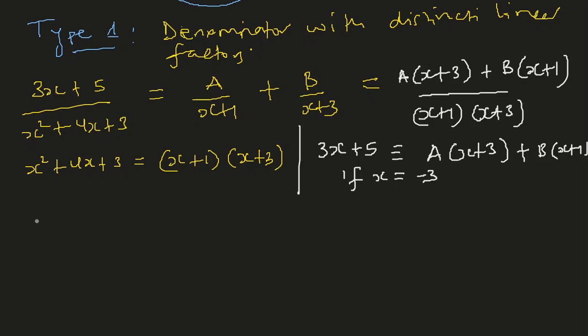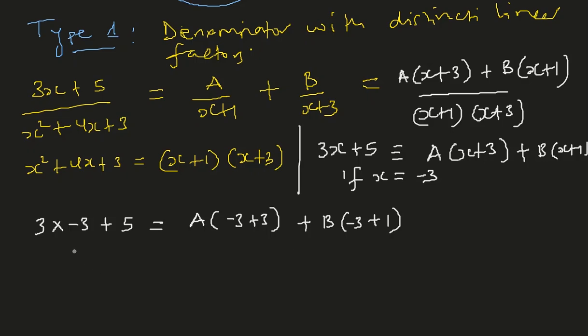When you substitute, on the left hand side we shall have 3 times -3 plus 5, and this will be equal to, on the right hand side, A into -3 plus 3, then plus B into, our x is -3, plus 1.